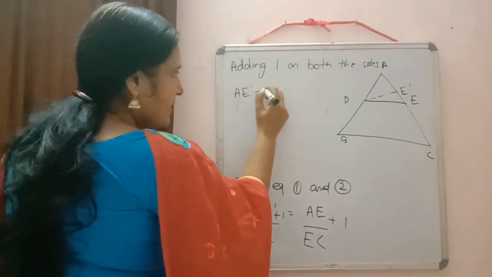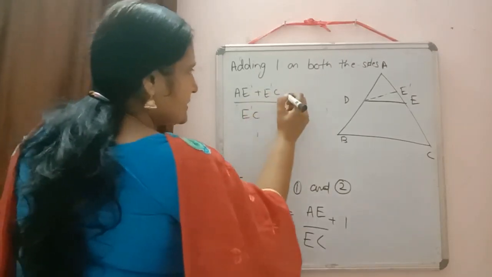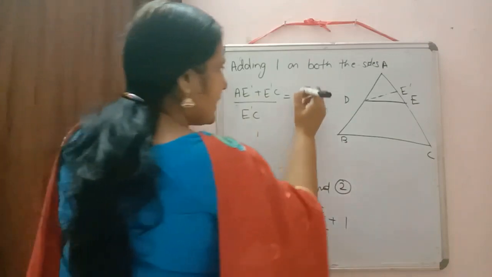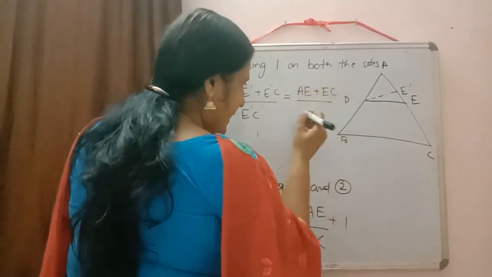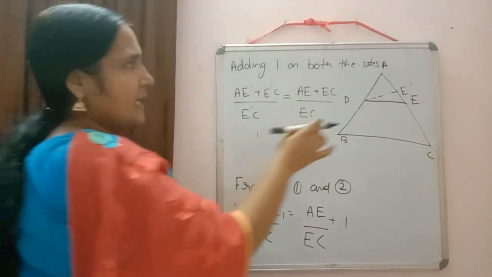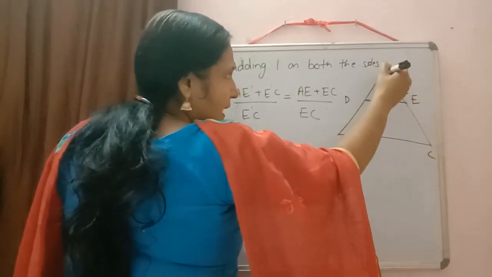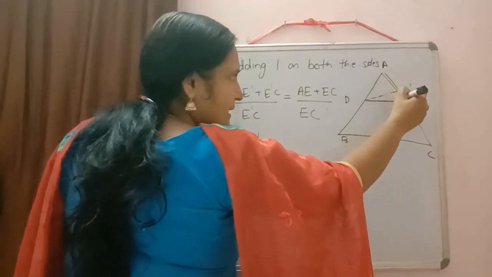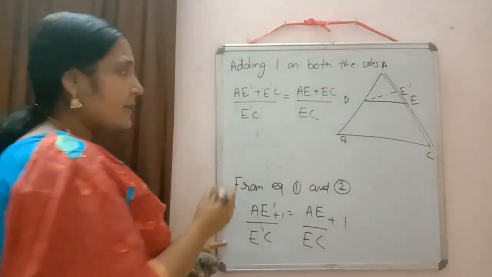AE dash plus E dash C by E dash C is equal to, on the right hand side, AE plus EC by EC. Now in the diagram, AE dash plus E dash C together will be equal to the line segment AC.